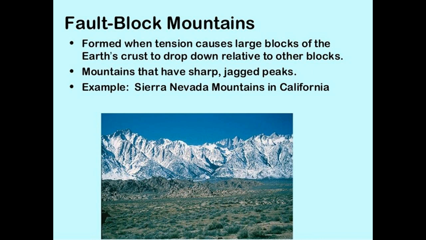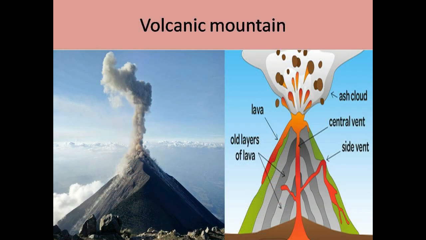These blocks are called block mountains. The edges of such mountains are steep and the surfaces are almost level. The Vosges and the Black Forest of Europe and Vindhyas in India are examples of block mountains.